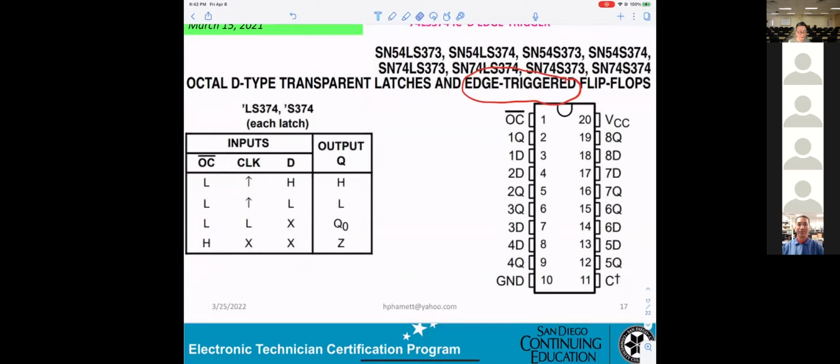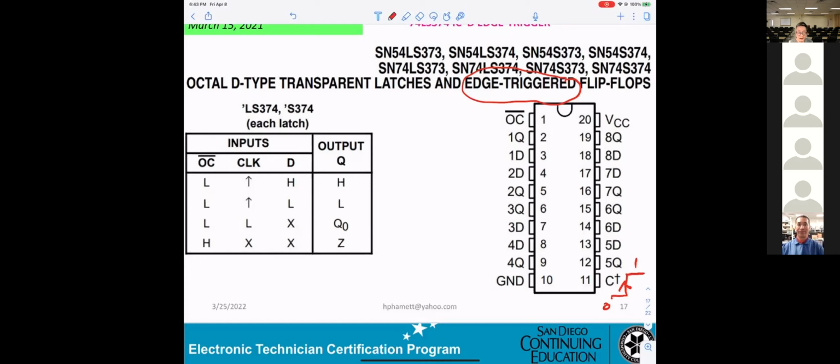That's the only difference. That means you want the input D to go inside. You need the clock. The clock going 0 to 1. That is the difference from the last one. The last one, you get a level.